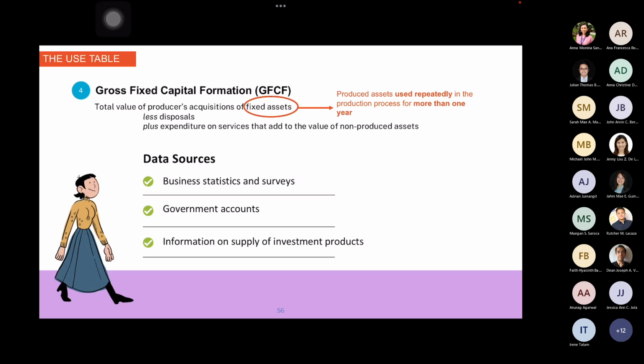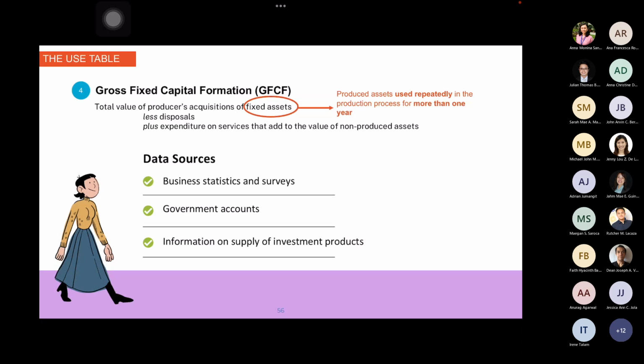And it can provide information on the GFCF by product that is linked to the purchases of goods and services for intermediate consumption. We also have government accounts, which can provide information on investments within the central or local government. And it can also provide a detailed distribution of investment products by main types of investment.